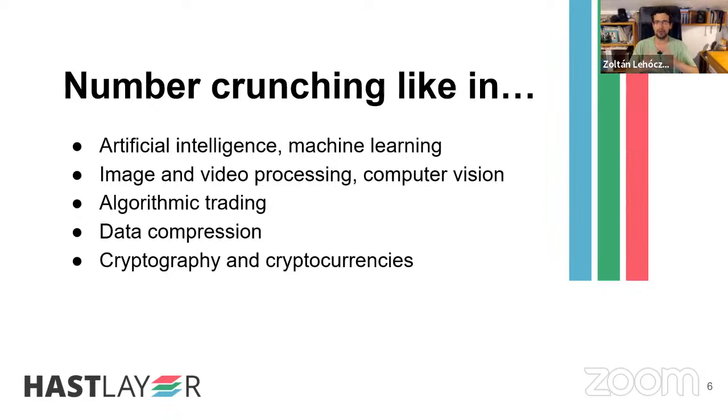Or you are doing some image or video processing for web applications, cloud applications, or even computer vision for robots, embedded systems, cameras. Or you work in finance and work on algorithmic trading applications, or perhaps any other kind of application related to data compression or cryptography or cryptocurrencies.